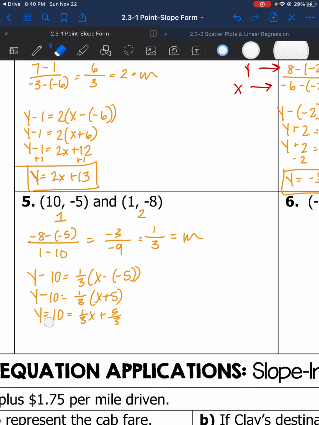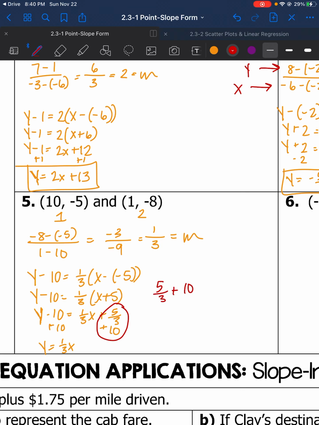Okay, this is actually supposed to be a minus, not an equals. Adding 10, we add 10, so y is equal to 1/3 x, and then we're adding this 5/3 and 10 here. We need to find a common denominator. We have 5/3 plus 10. To make 10, so this is 10 over 1, to make 10 a fraction with a denominator of 3, we have to multiply the top and bottom by 3.